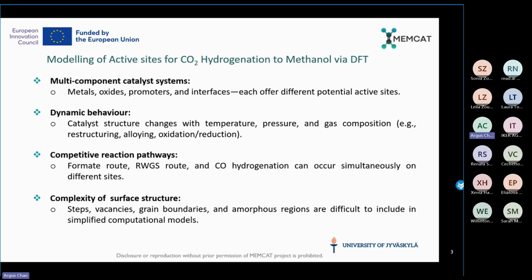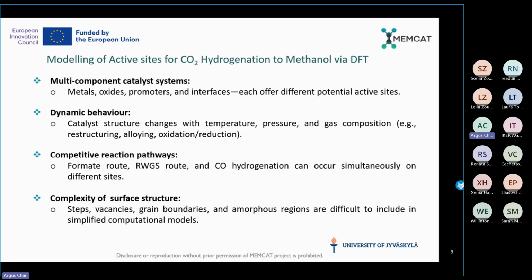We need to consider that this catalyst is dynamically changing. Of course, with the density functional theory calculations, it's not possible to follow these changes. And then when we look at the reaction itself, we need to consider the different reaction pathways.